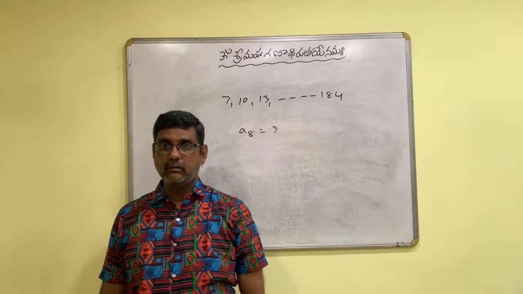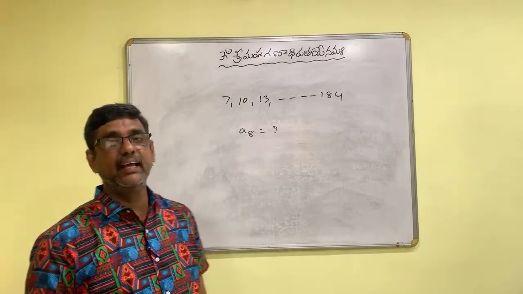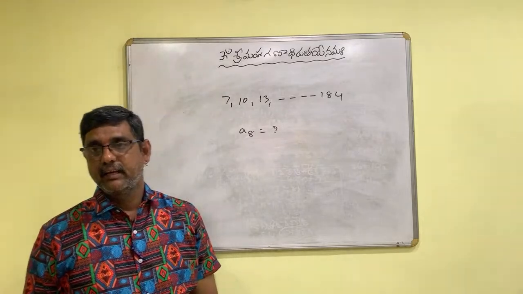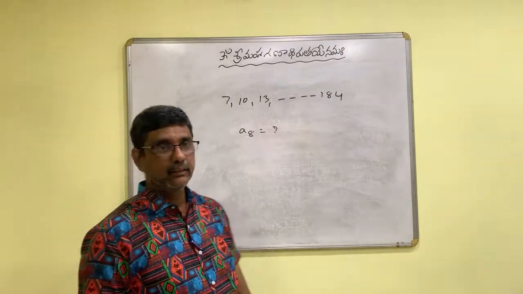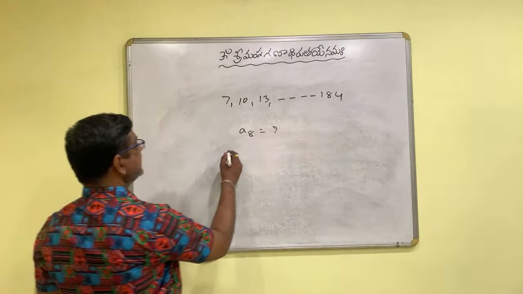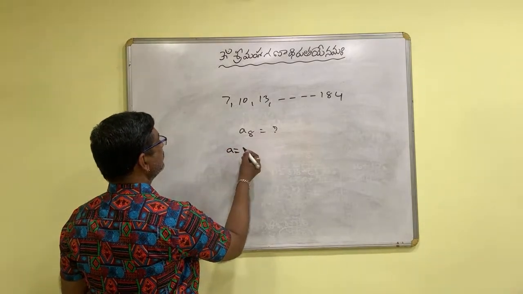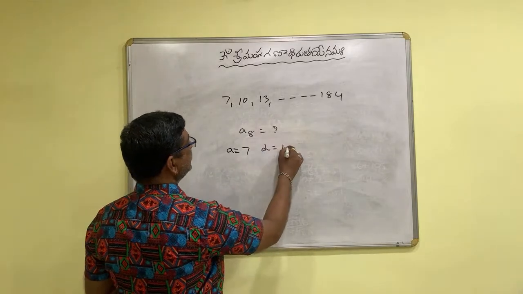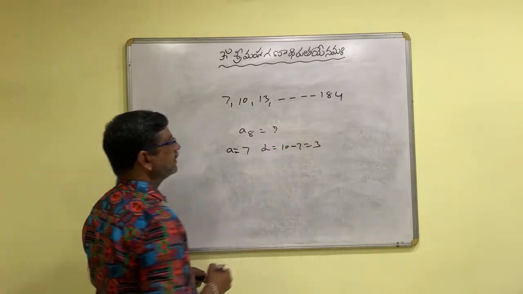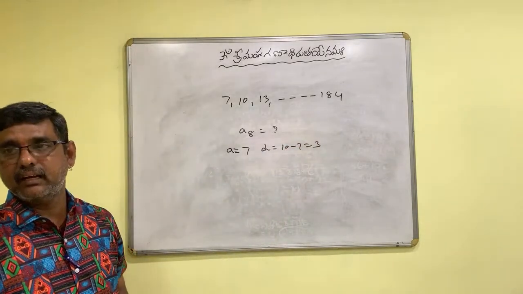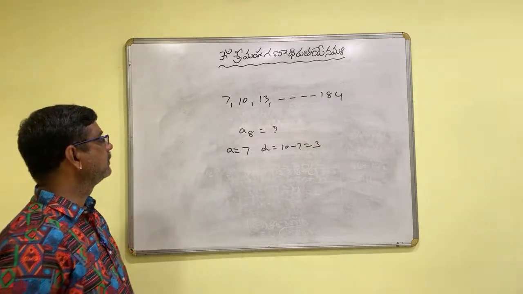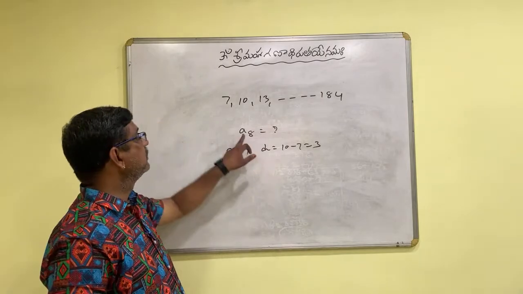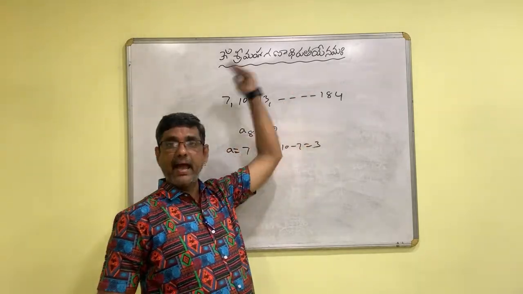Here the difference is only in d. Are you ready? Okay, right. Now what is A? 7. What is D? 10 minus 7, 3. Now we are going to find out the 8th term from the end.